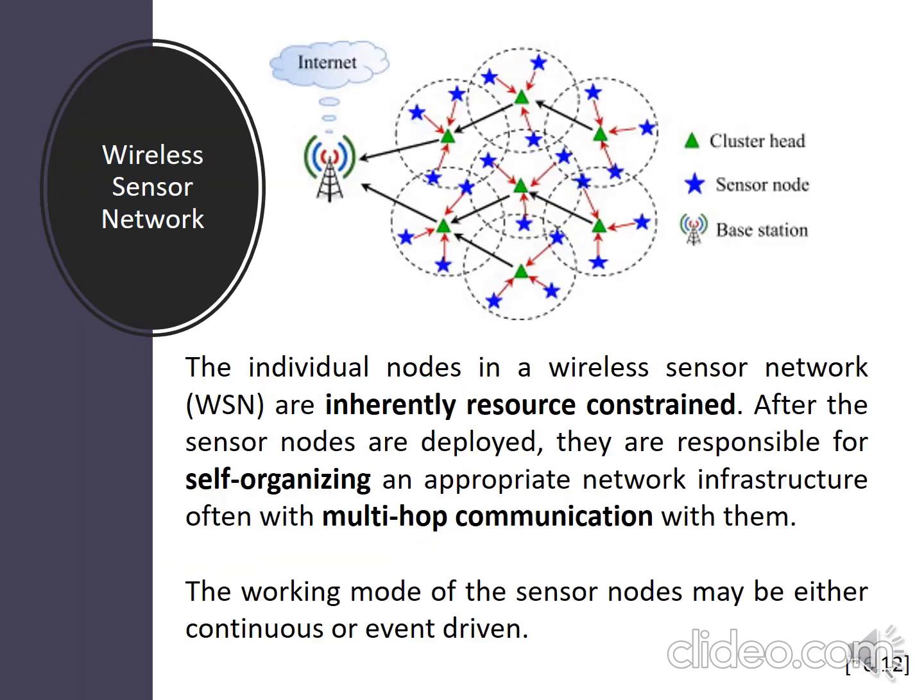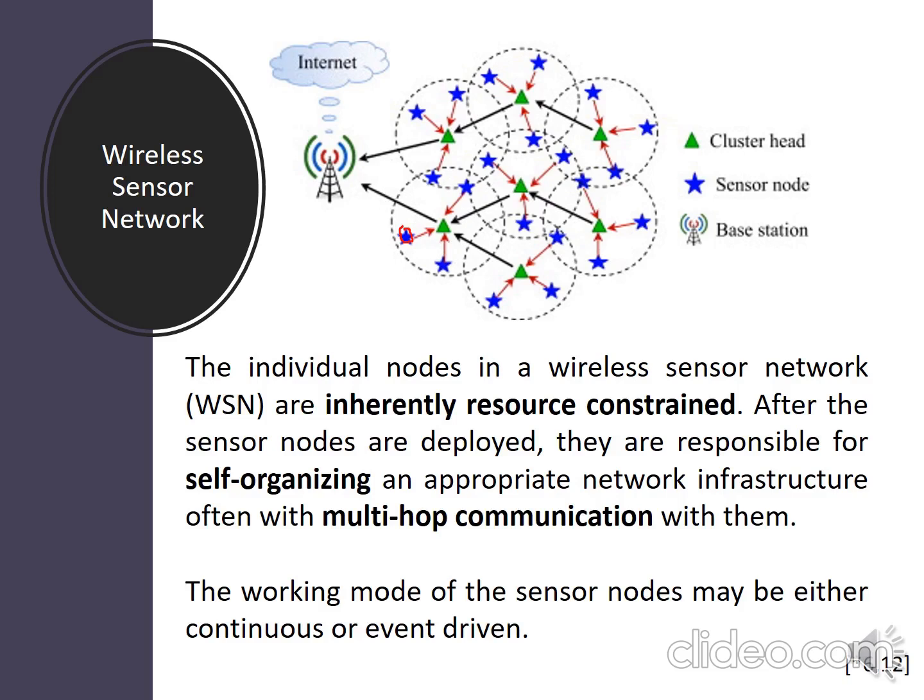The individual nodes in a wireless sensor network are inherently resource constrained. We already discussed that. After the sensor nodes are deployed, they are responsible for self-organizing an appropriate network infrastructure, often with multi-hop communication.